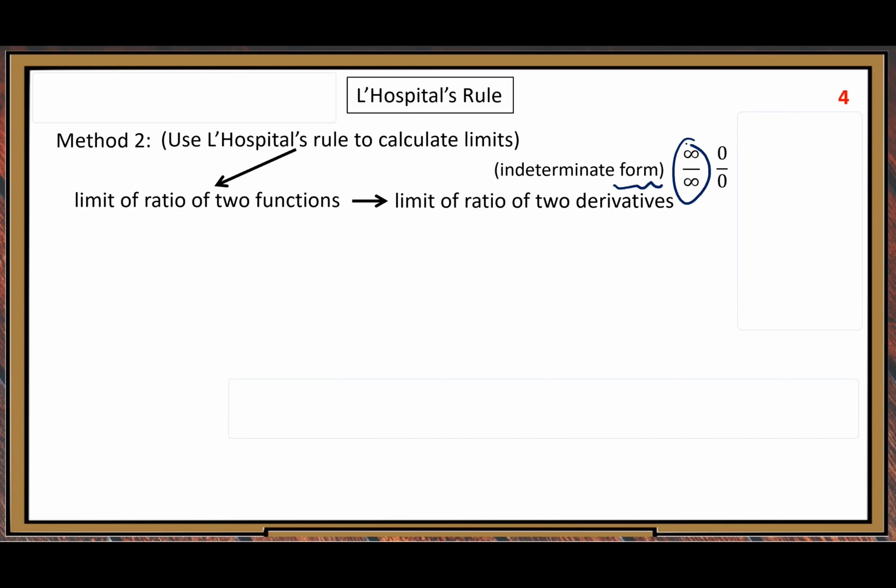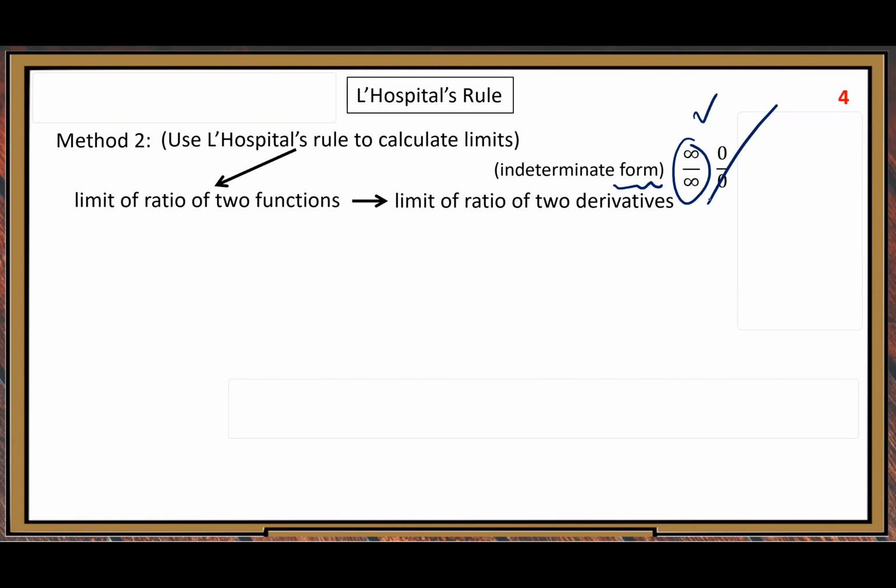So you check that first. For this class, we won't have the 0 over 0 case, because our growth functions are always infinity over infinity. You just check if it's the infinity over infinity form.